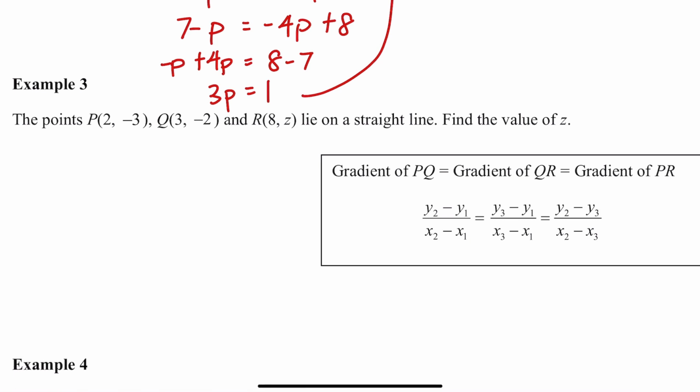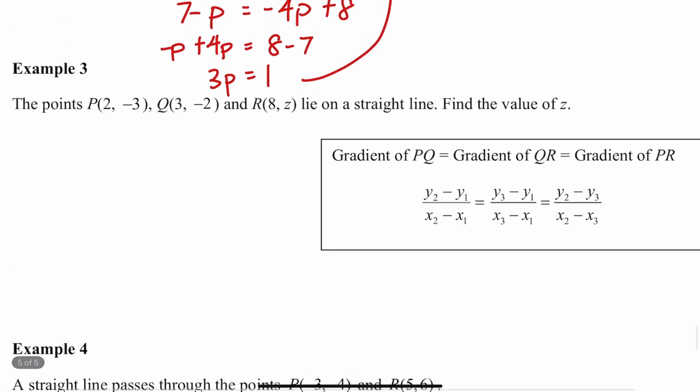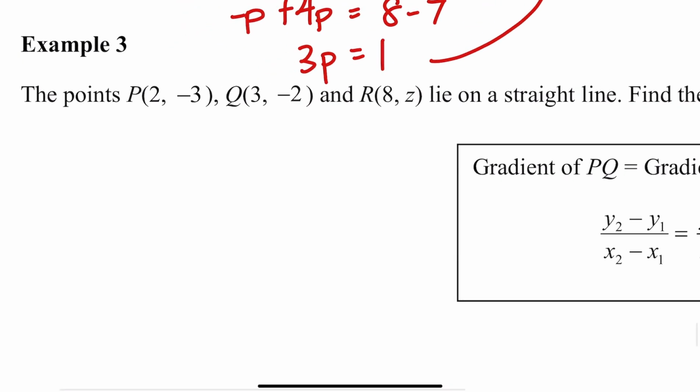Okay, so over here, what we can do first is to find the gradient of this straight line. I can use PQ here. Let's do it step by step. Gradient of PQ: PQ has no unknown, so very easy to calculate.